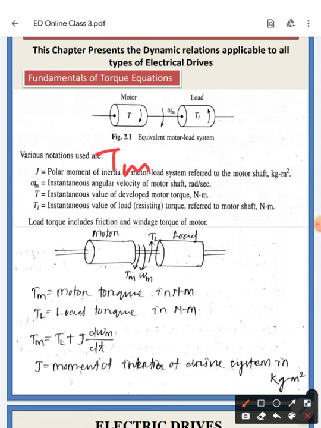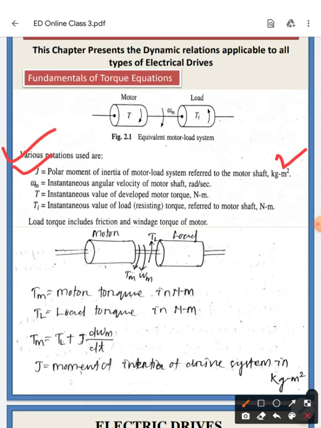Right? So by taking these abbreviations, in the various notations used here, J is the polar moment of inertia of the motor load system referred to the motor shaft, whose unit is kg meter square. That is the moment of inertia.